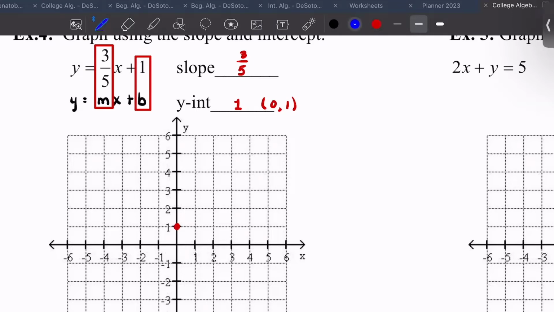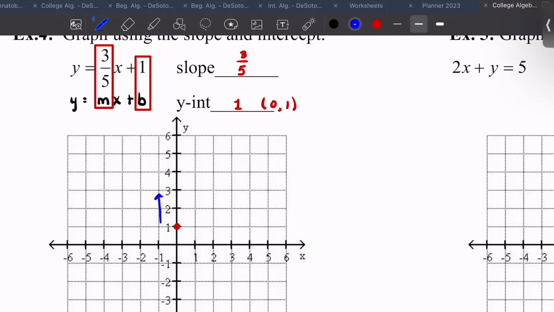Your slope is 3/5, so you're going to rise 3, run 5. Your slope is positive, so you're either going to make 2 positive moves up and to the right or 2 negative moves down and to the left. Either one is fine. So you're going to go up 3: 1, 2, 3.